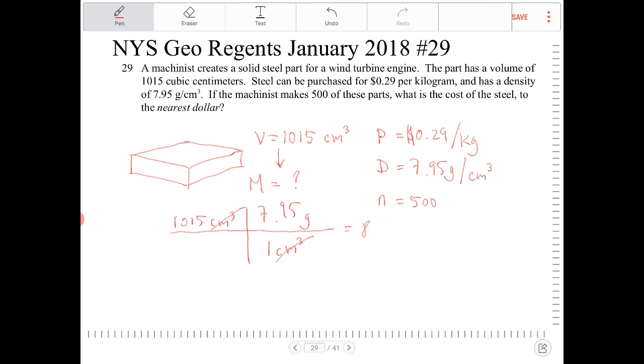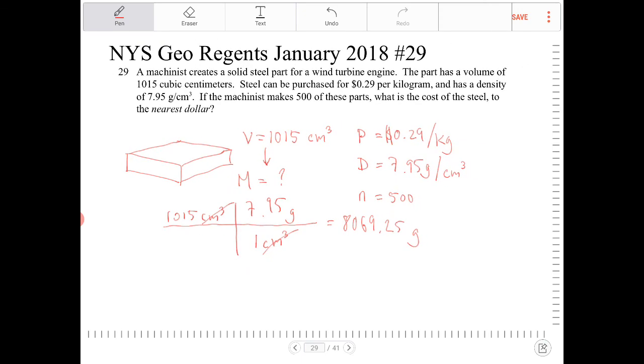So 8,069.25 grams. Since everything here is operating in kilograms, I'm going to convert this into kilograms. I know that there's 1,000 grams per 1 kilogram.